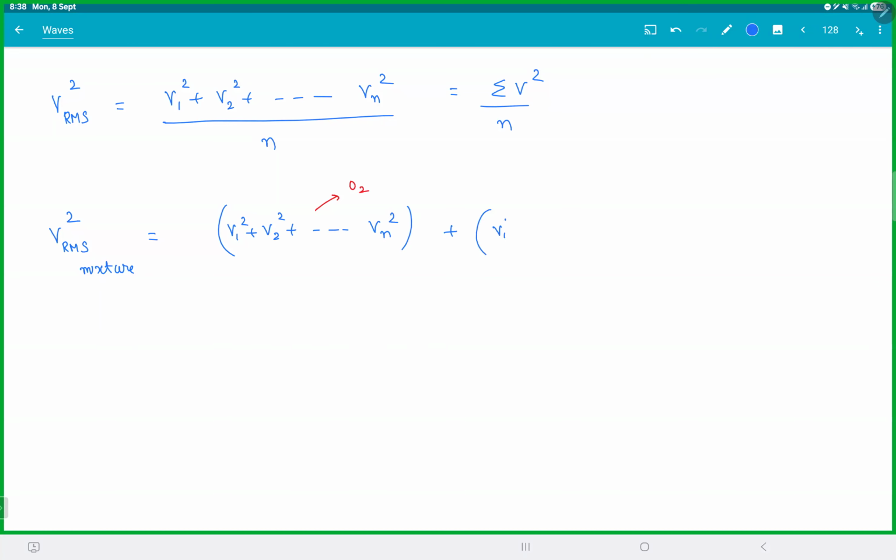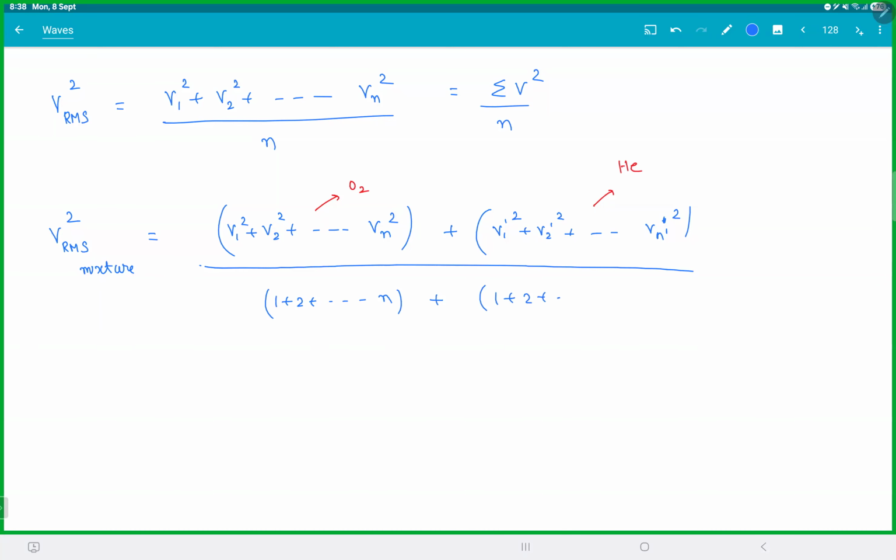V1 dash square, V2 dash square, and so on till Vn dash square, let's say this is for helium. Because understand the meaning of VRMS. It is a total root mean square. So take all the speeds' squares, and it will be 1 plus 2 plus so on till n, plus 1 plus 2 plus so on till n dash.